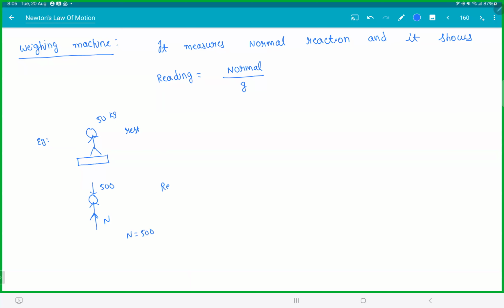The reading of the weighing machine would be N by G. Whether I take G as 9.8 or 10 doesn't matter here, that would cancel out anyway. So N would be 50G, and this will be 50 kgs. Kind of makes sense.